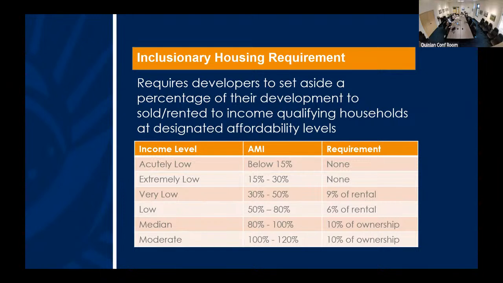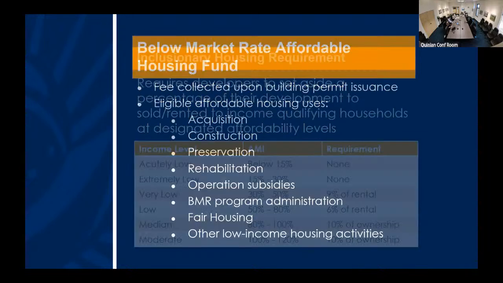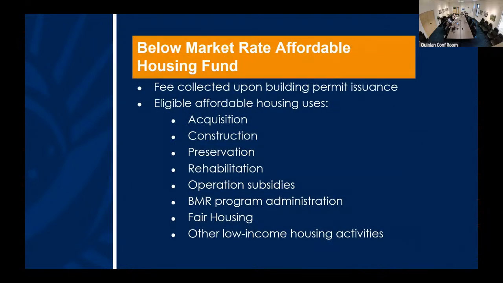I have one more comment. You mentioned the fee that's collected, and it's going towards this. Can we include, for example, helping somebody pay a mortgage down payment? Like rental assistance.